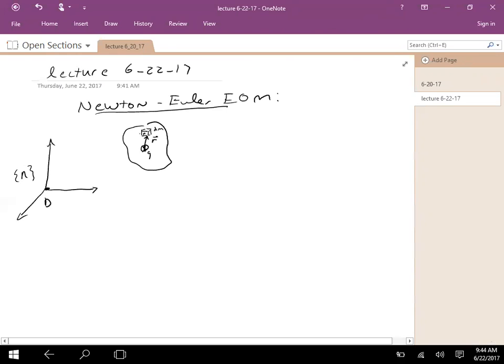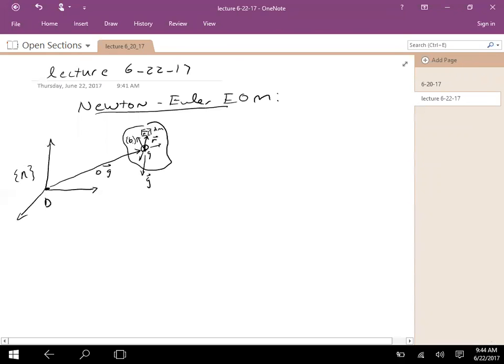Its sides are little length dr. I've got a vector going out to the center of mass, which I'll call dg. And my body is going to be acted on by a gravitational field, g. And in the body, there's a body fixed frame B. That's a little bit of a busy figure, but you get the basic idea.